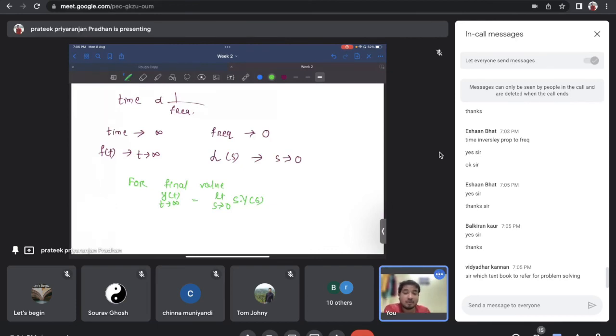And for concepts, if you want very good concepts, I would recommend M. Gopal, or another book called Benjamin Kuo. This is a very good conceptual book. My personal favorite is M. Gopal.